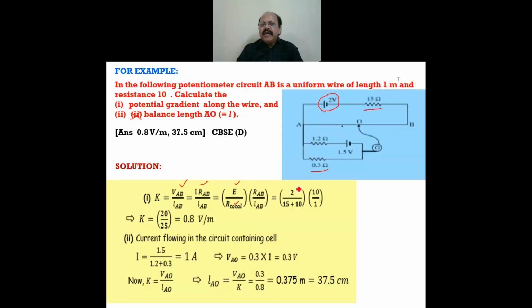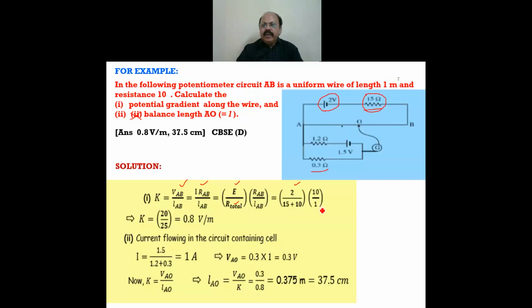Now here you see that the total EMF is 2 volt, and the resistance of the potentiometer wire is given as 10 ohm and this 15 ohm, both connected in series. So you get 2 upon 15 plus 10, times RAB which is 10, upon LAB which is 1 meter.